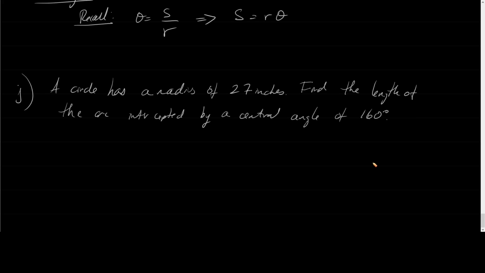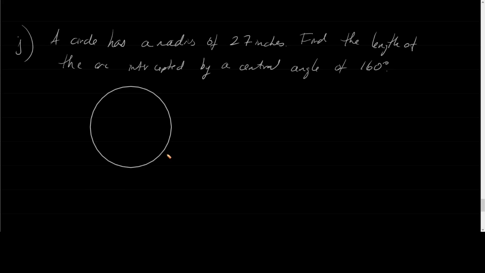So, all right, so let's see. We've got a circle of radius 27 inches, and we've got an angle of 160 degrees. We want to find the length of the arc intercepted by that. So let's see what we're talking about. So we've got a circle. We've got the radius of the circle. Well, you know what? Let me put this on the coordinate axis.